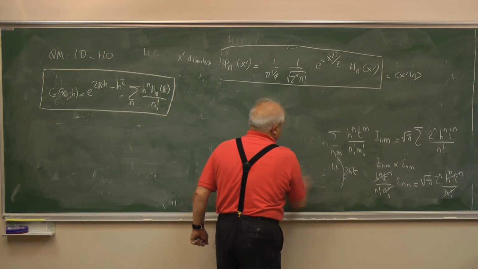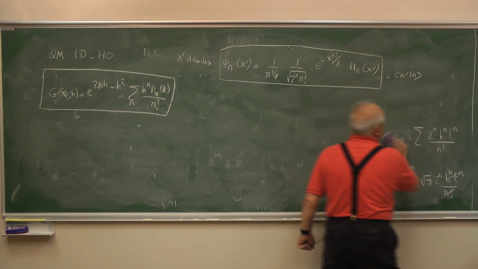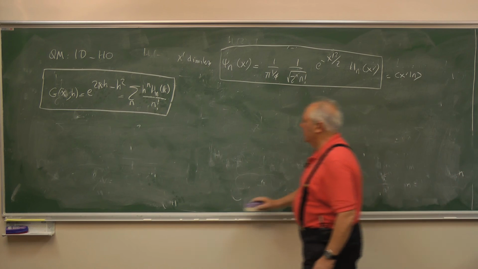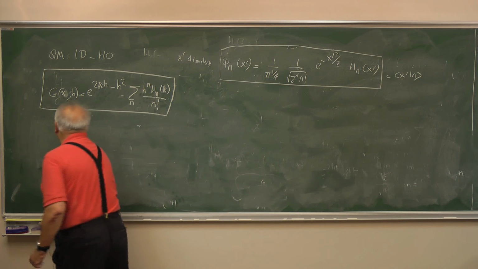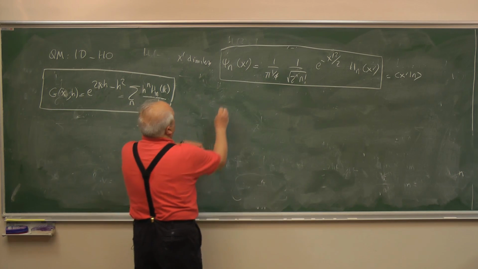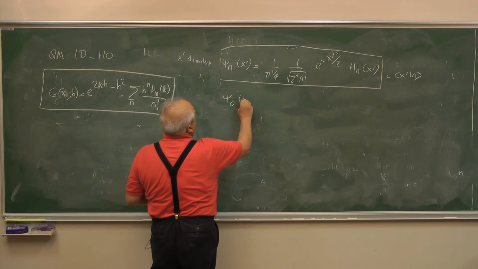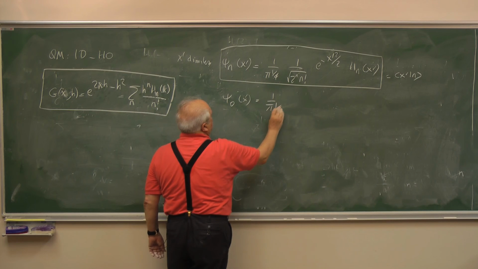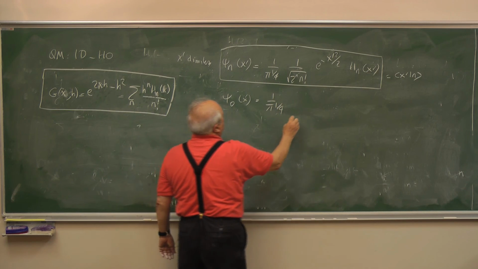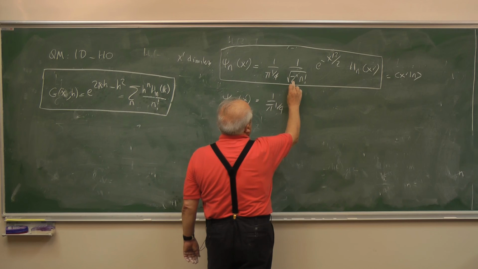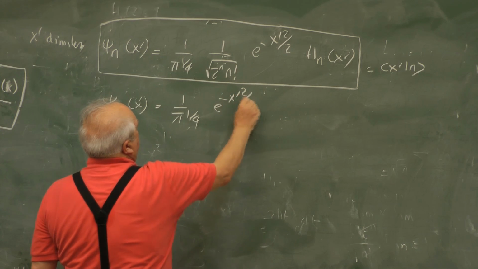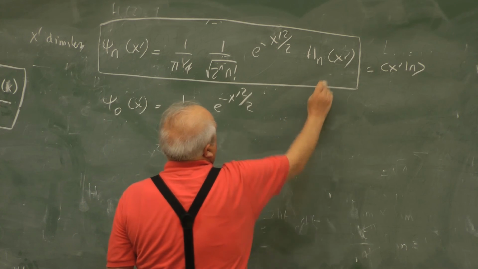And I think everybody should remember the ground state of the harmonic oscillator, which is n equals 0. Psi 0 of x prime is equal to 1 over pi to the 1 over 4, simply e to the minus x prime square over 2, and H0 of x prime is just 1.